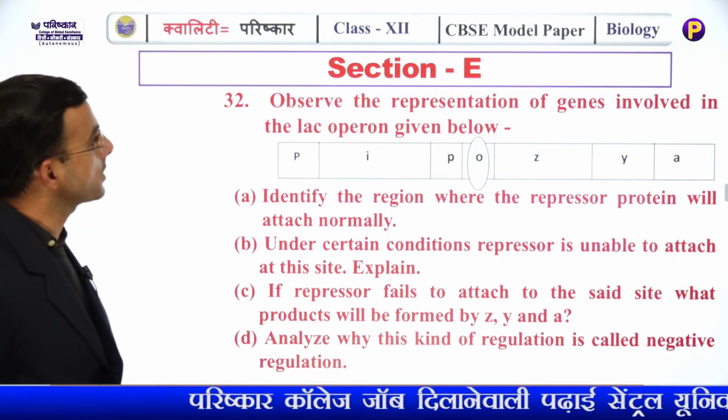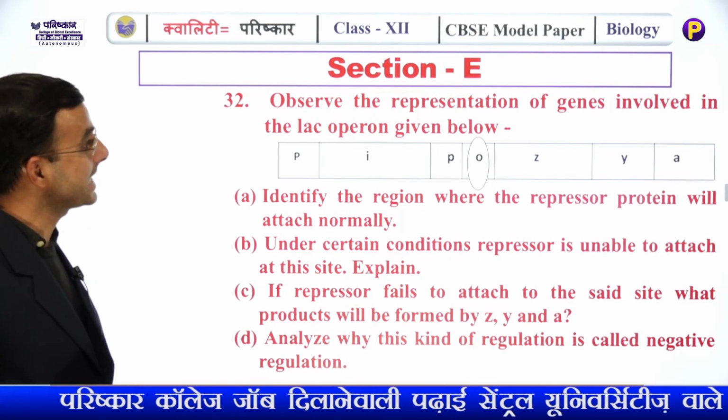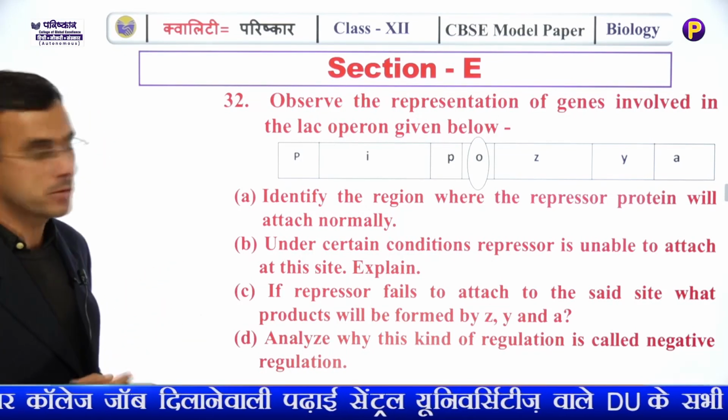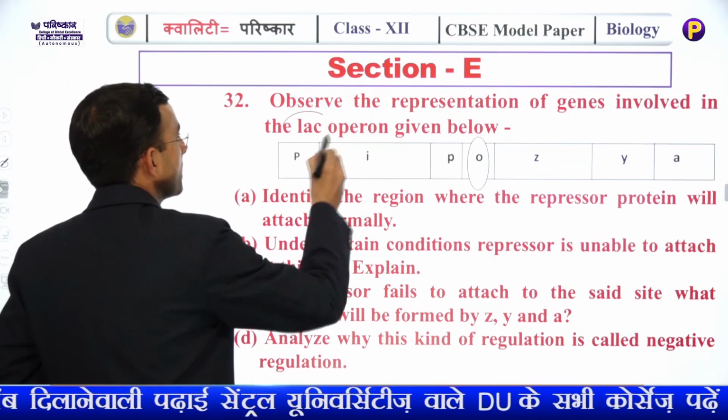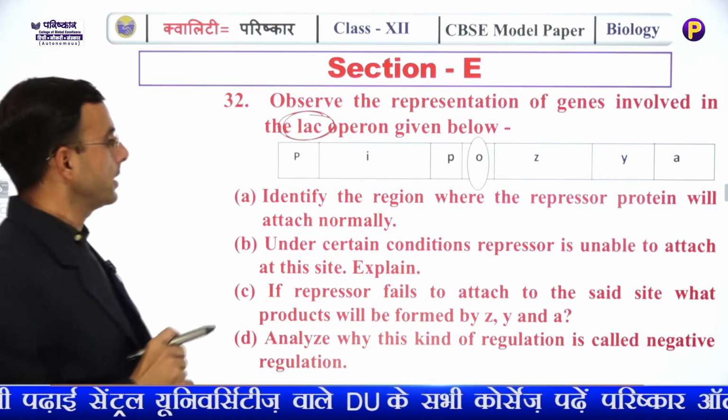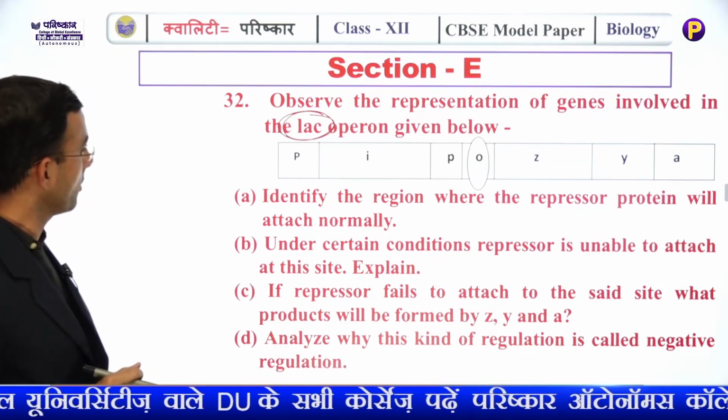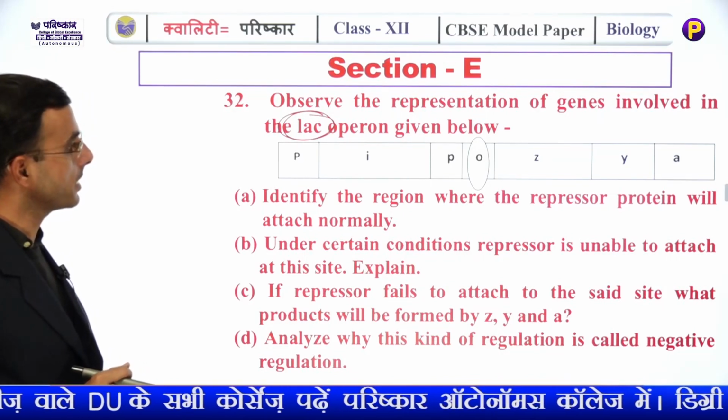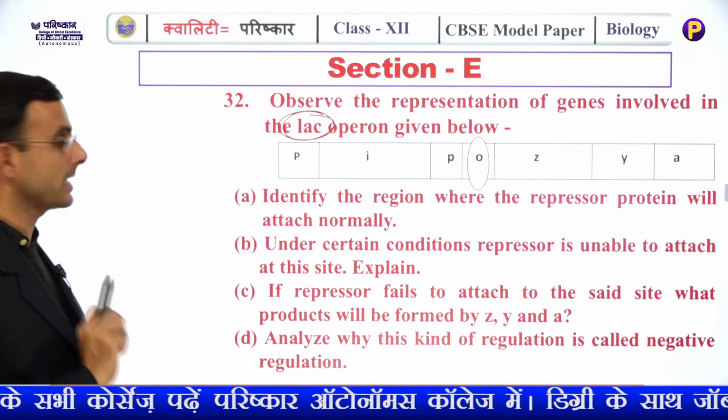After this, the 32nd question: observe the representation of the genes, which is the lac operon. Look at this lac operon given below. There are 4 options. Identify the region where the repressor protein will attach normally.